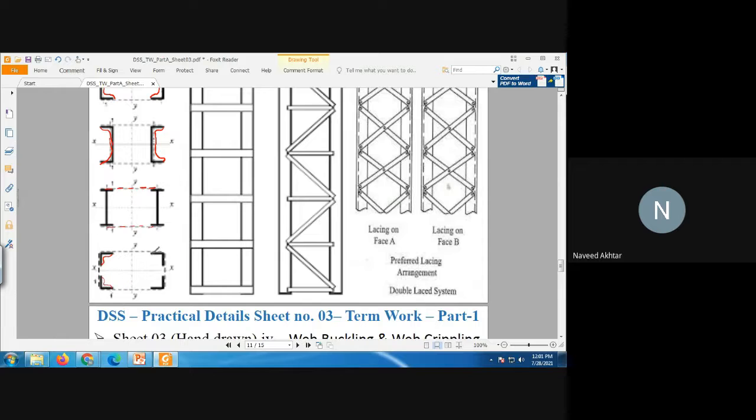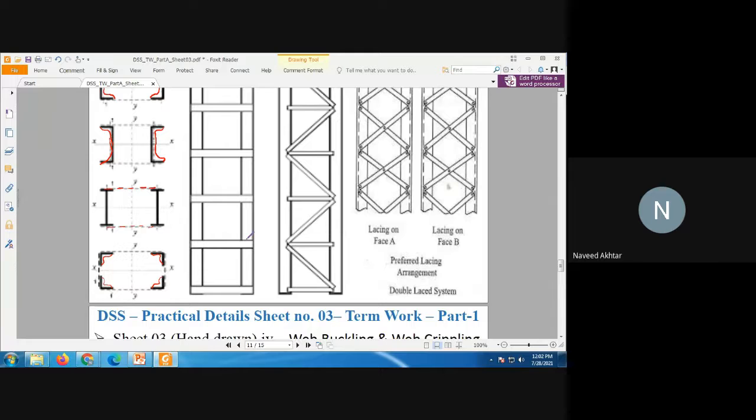All these things, when you go towards Nasik or towards Mumbai or towards Dhule, you can see that these built-up sections are used for steel structures or steel roofing systems. Definitely, if you are visiting the lawns for marriages, there also you can see built-up sections.